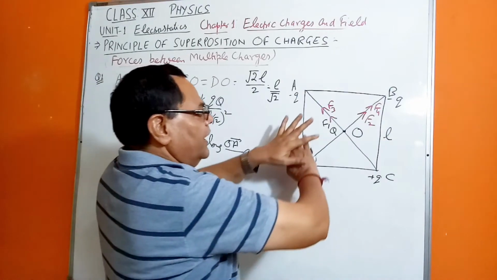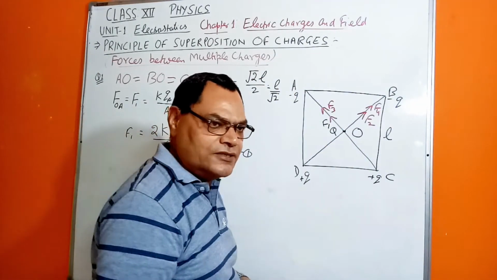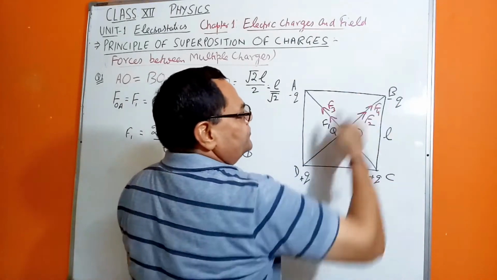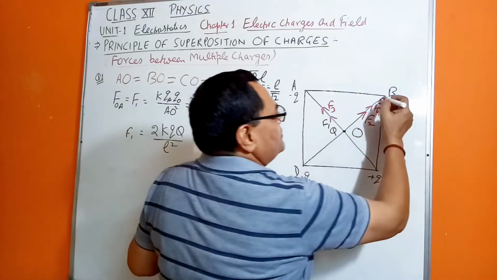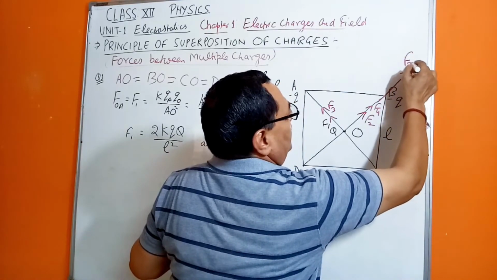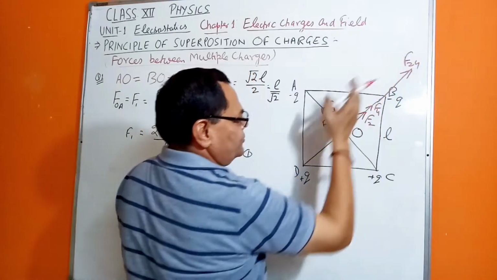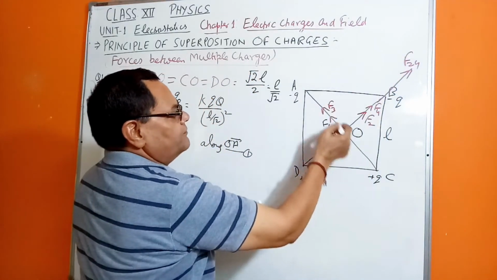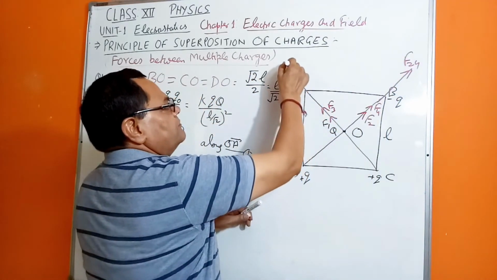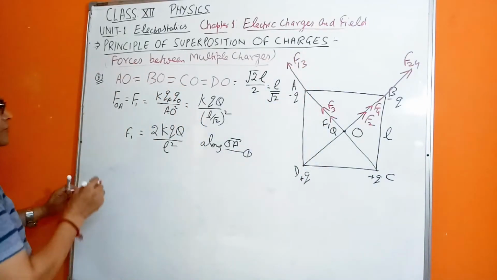So in any condition, the total force will not come to 0. We will have some force here, the resultant of these two forces, which I put as F24, this way. We will add them because both of them are pointing in the same direction. Similarly, F1 and F3 are pointing in the same direction, so the resultant will be shown as F13.